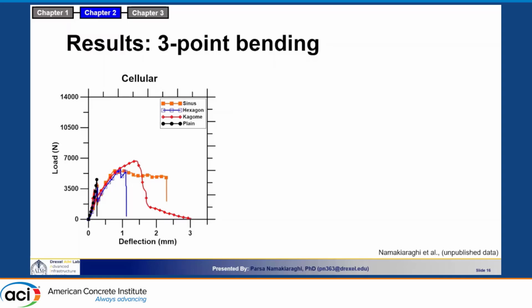But another interesting point was that the Kagami architecture here, which contained triangular unit cells, was actually showing a less catastrophic failure at the end, and it had a smoother drop in the load. Again, they were following the same pattern of initial crack and the load recovery, but in two cases of our cellular architectures, we had the rupture of reinforcement.